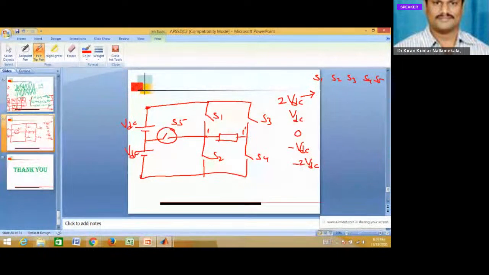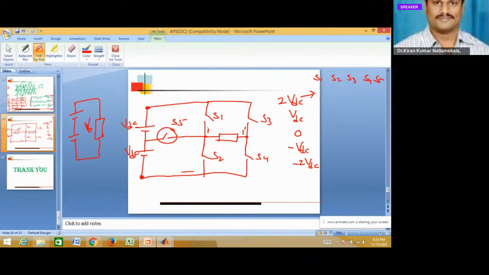And in order to connect 1 dash here, you have to turn on S4. Then the equivalent circuit looks like this, and the load is connected between two voltage sources.